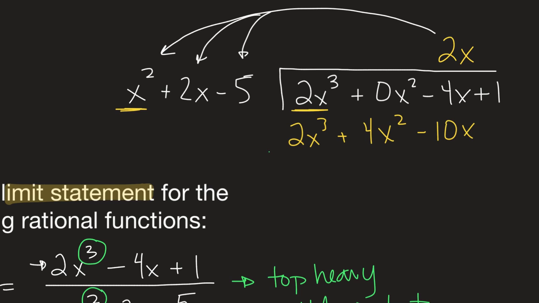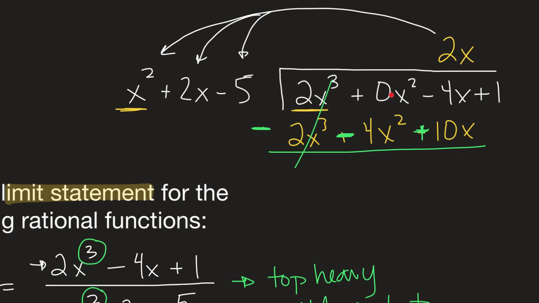Okay, now my algorithm says I need to subtract that whole entire yellow equation from my white equation up above. Okay, so that's a minus 2x cubed. I'm going to change this sign to be a minus 4x squared, and the minus changes to a plus. Okay, so subtraction means we change the signs. So 2x cubed minus 2x cubed, right? That's your 0. That's exactly what we want.